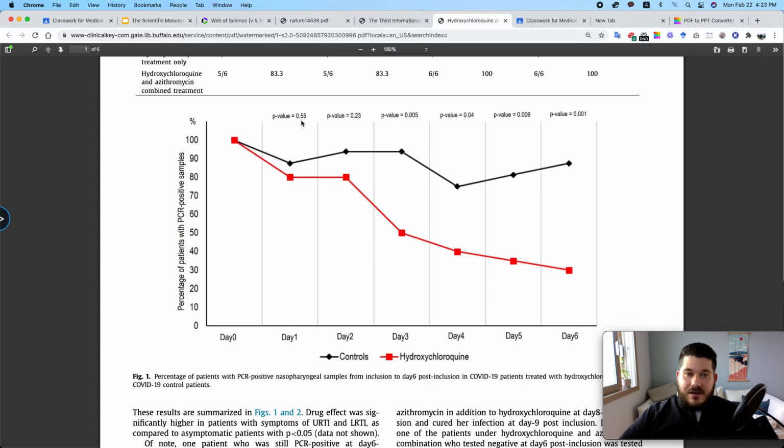You can see here it starts at 0.55, then it goes to 0.25. By the time it gets to the end, it's 0.001. That means not only is the trend going down, meaning fewer PCR positive tests, but it becomes more and more different. So it works better and better over time, I guess you can say.